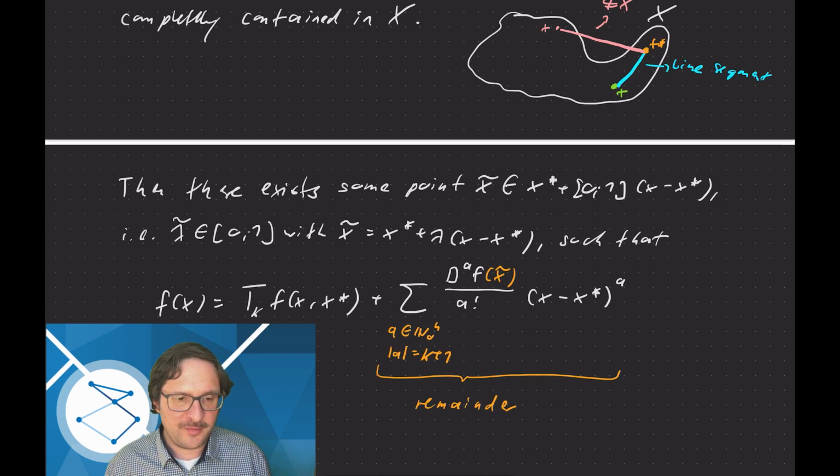That was not a problem in the one-dimensional case. There's only one possibility to connect these two points. So if f was defined on an appropriate interval, then this would always be the case. It need not happen to be the case here in this multivariate setting. That's why we need that line segment condition on top of that. Otherwise, the formula is precisely the same.